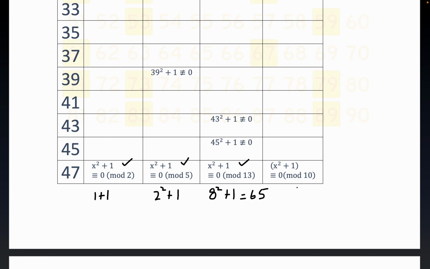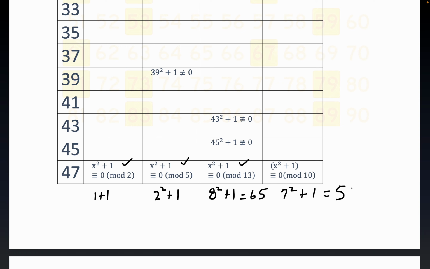And certainly, let's check it out right here. Does it leave a remainder of 0? Well, that would be 7 squared plus 1 right here, and that definitely ends in 0. It equals 250. That's the point of doing congruent to 0 mod 10.